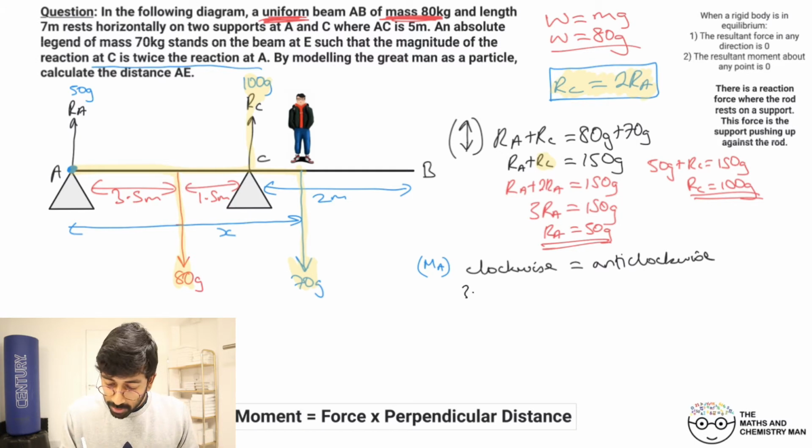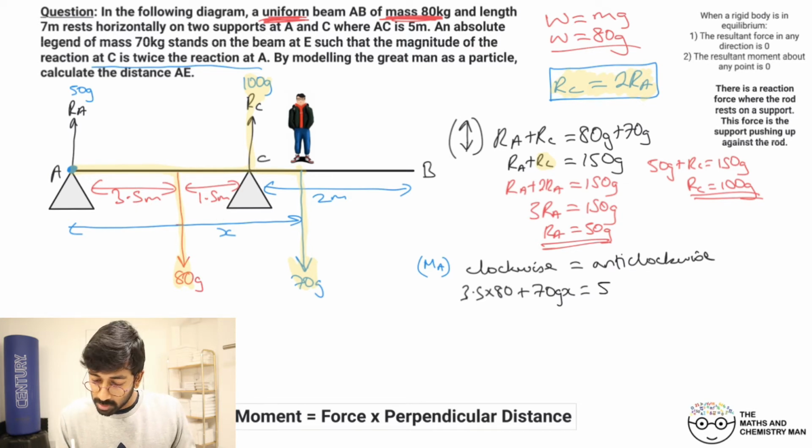So we're doing 3.5 times by 80, plus we've got to include this 70g force as well. So what's that distance? Well, we don't know, it's X, right? So we're going to say X times 70g, so that's maybe just 70gX. And now in the anti-clockwise direction, we're going to be looking at this force here, 100g. And the distance away from there is 3.5 plus 1.5, that's 5 meters in total. So we can just say 5 times by 100g. There we go. So we've got a nice equation set up here.